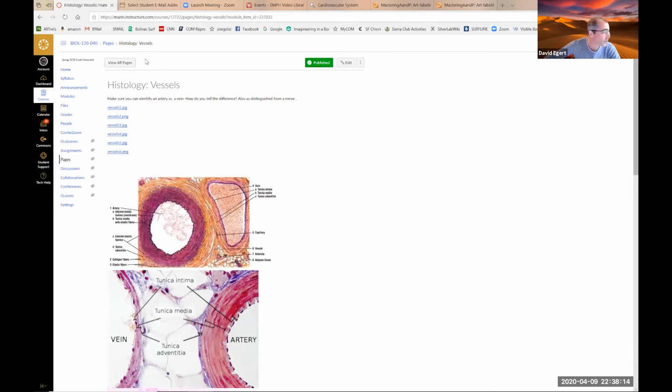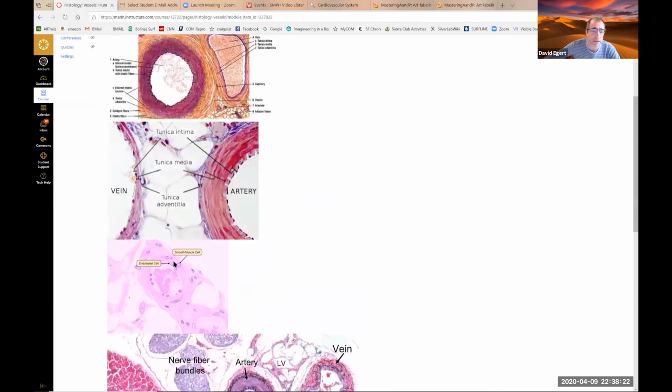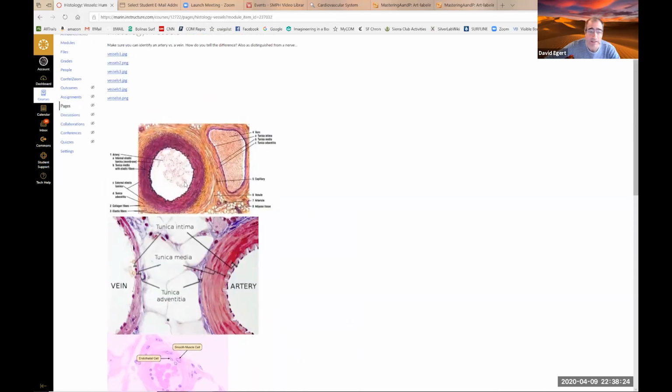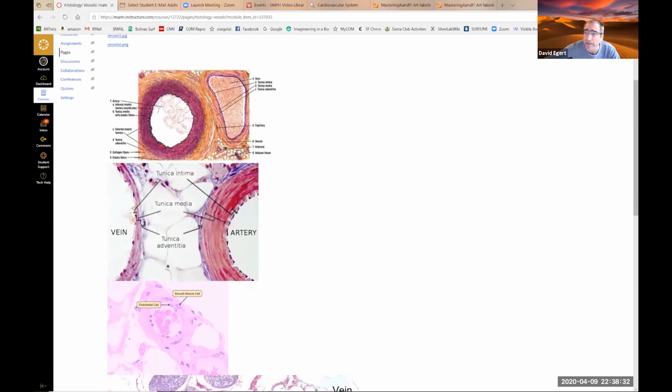At the top, these are just the files, and below I just have the pictures, but the files up here and the pictures down below are the same thing. And these are nice to really show you arteries versus veins. And again, this is something you are going to be responsible for.